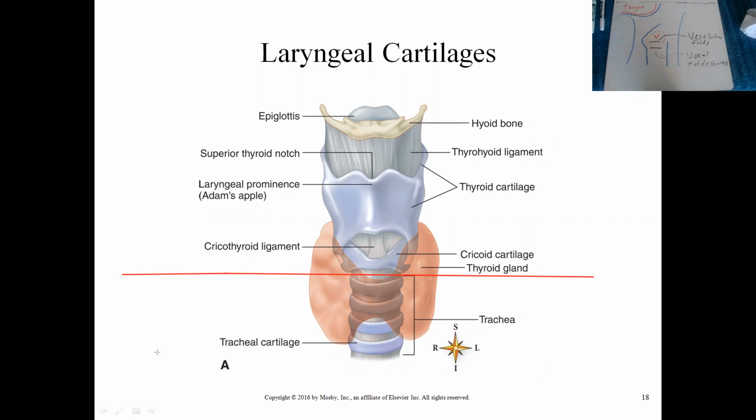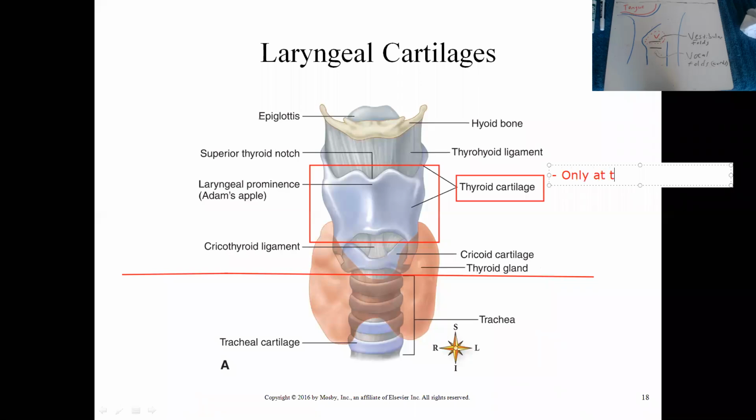From the front, we have two major cartilages. We have the thyroid cartilage, which is this big shield on the front. Thyroid cartilage is only at the front, protecting the front.